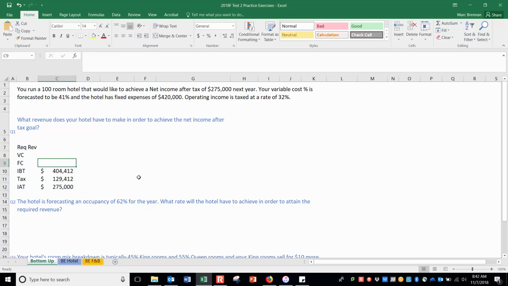Now, fixed costs. We have our fixed expenses of $420,000. And now, we don't have a variable cost yet, but we do have a variable cost percentage at 41%. So, our required revenue, the calculation for that is going to be, in brackets, income before tax plus fixed costs.